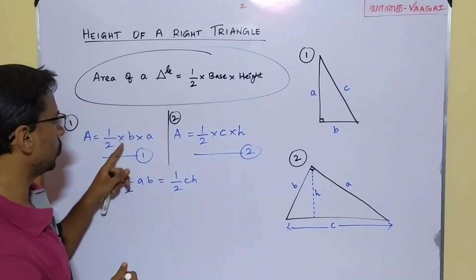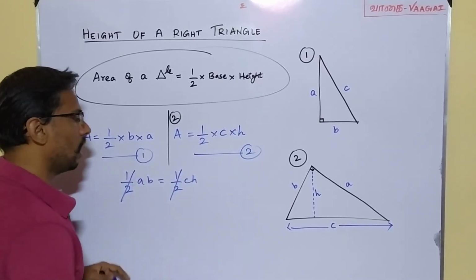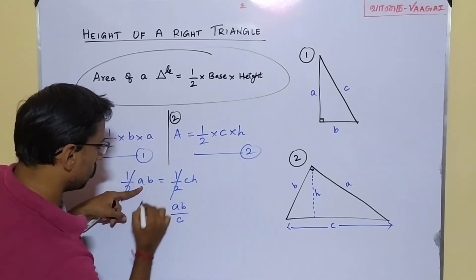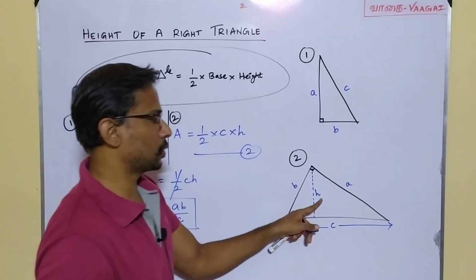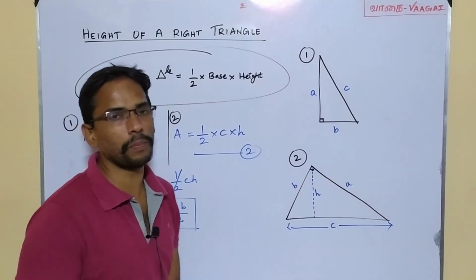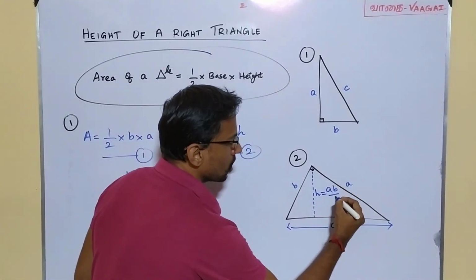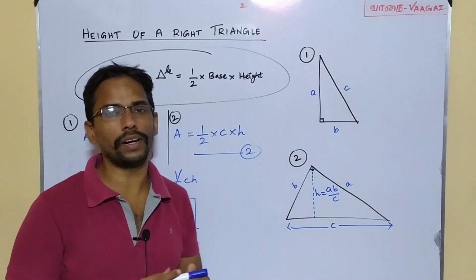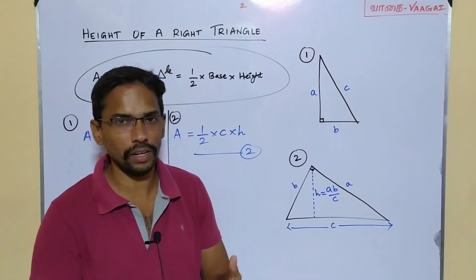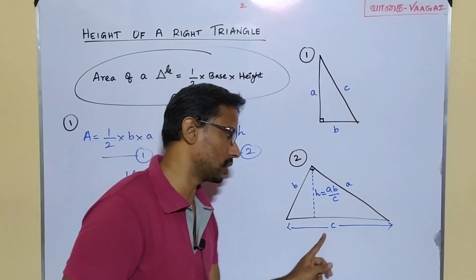So I can cancel the half on both sides, and I can very easily end up with h is equal to AB by C. That means the expression of this height in terms of the other three sides A, B and C is AB by C. That is, if we need to find the height of a right angle triangle, provided the three sides, our height is none other than the product of the two sides sharing the right angle divided by the hypotenuse length, I mean C.